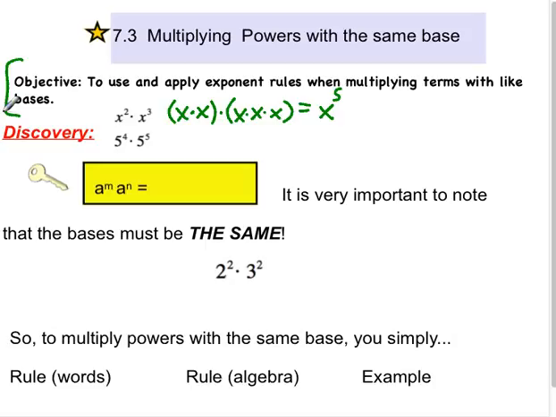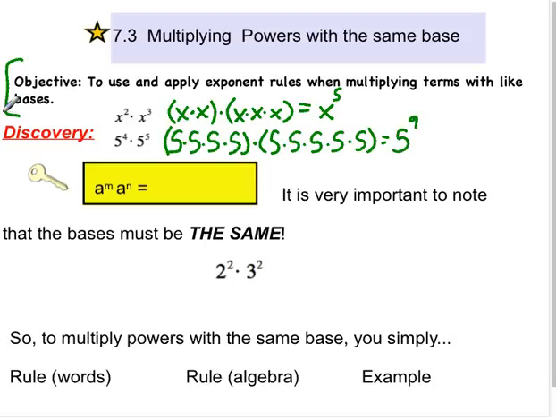Okay, and let's see what happens with those 5's. So 5 to the 4th would be 5 times 5 times 5 times 5. 5 to the 5th, 5 times 5 times 5 times 5 times 5. And now let's count up. How many times is 5 multiplying? Well, I see 9 of them.